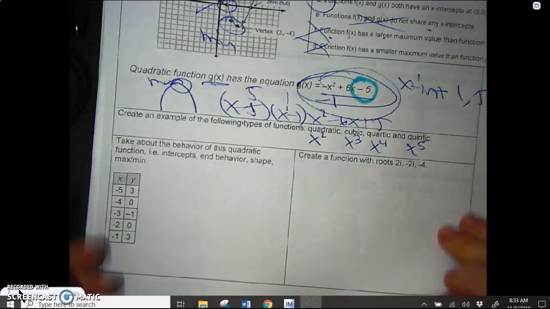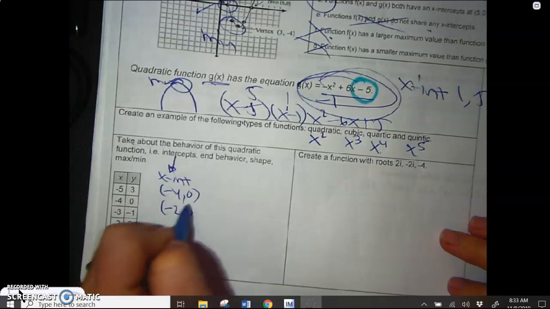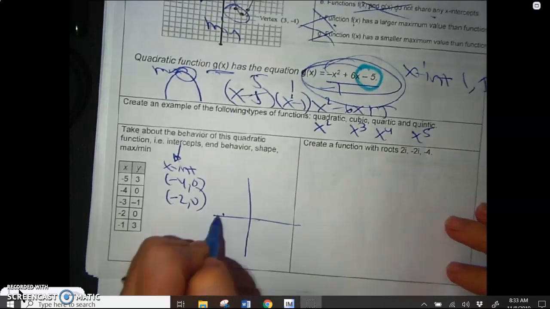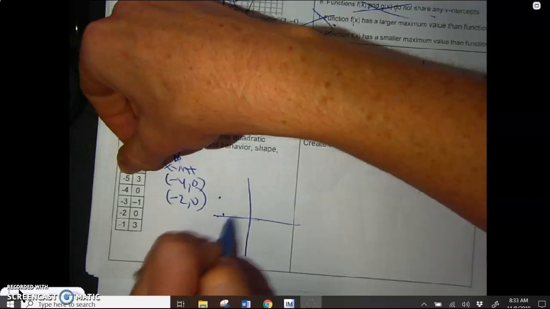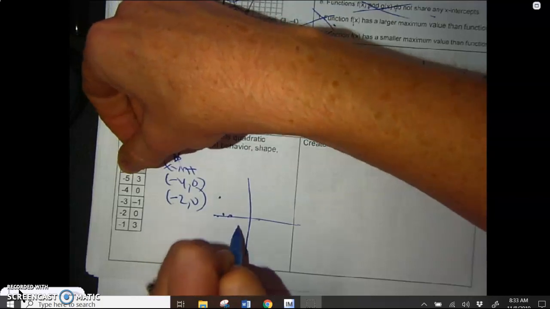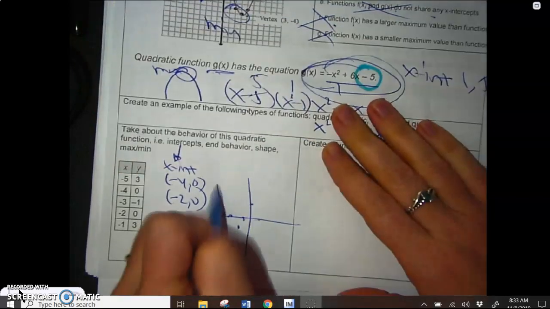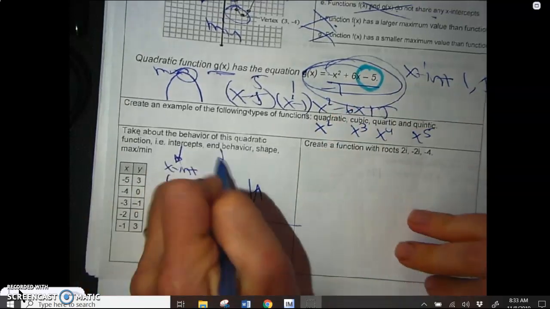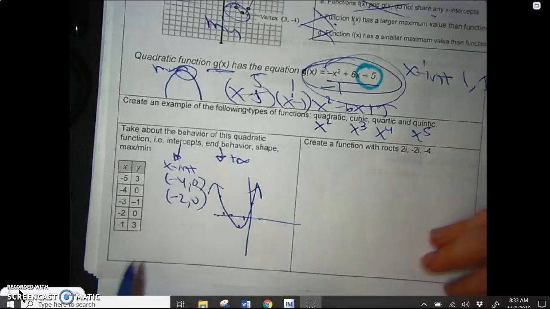Talk about the behavior, intercepts. If we're going to talk about the intercepts, it tells me the x-intercepts are at (-4, 0) and (-2, 0). I don't know anything about the y-intercept yet, but let me just fake graph it: (-5, 3), (-4, 0), (-3, -1), (-2, 0), (-1, 3). I'm just going to graph it. The end behavior would be positive infinity.